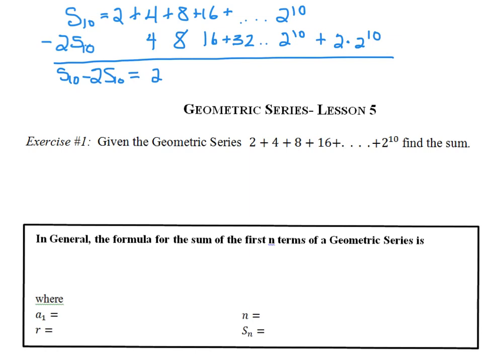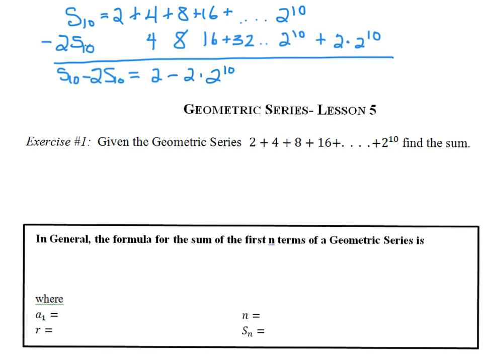The 4s cancel, the 8s cancel, the 16s cancel, the 32s would cancel, all the way to 2 to the 10th. They would be the last terms that would cancel. So the only thing left over would be this term over here, 2 times 2 to the 10th. Again, remember that I'm subtracting that bottom line, so it would be minus 2 times 2 to the 10th power.